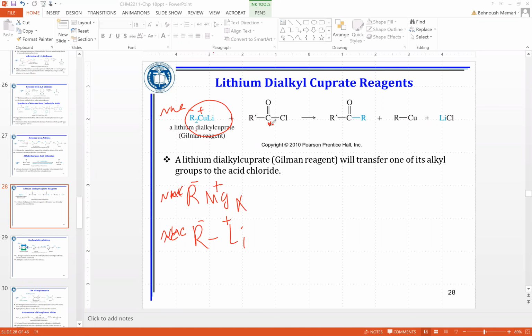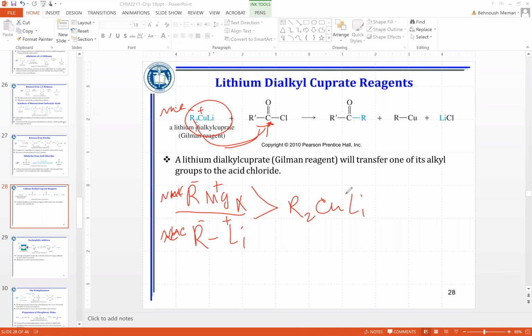Nucleophile can attack a nucleus, or carbon with the positive charge. So this is the similarity. All of them are acting as nucleophile. The difference is that the Grignard reagent is much stronger than R2CuLi.